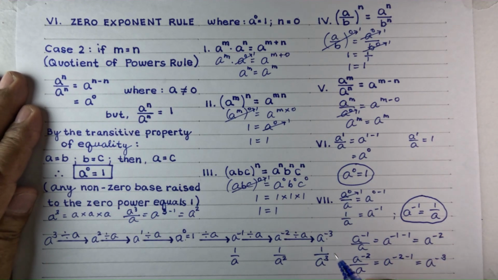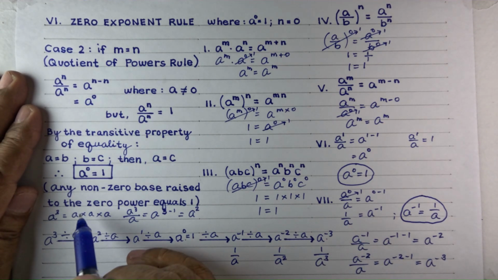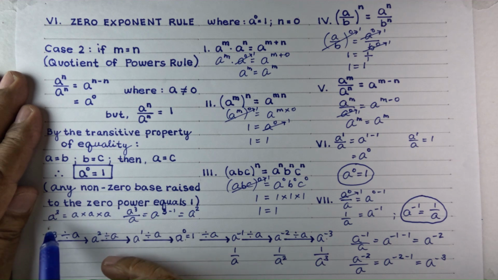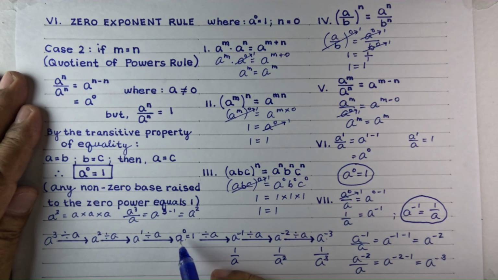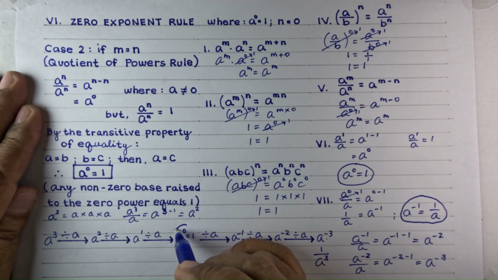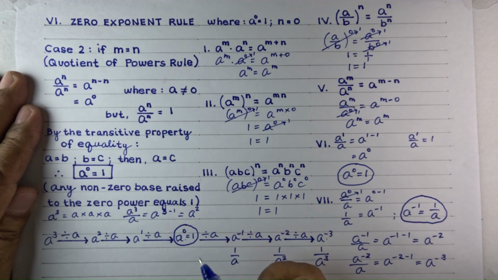So this showed that negative exponents simply represent repeated division by the base, just as positive exponents represent repeated multiplication of the base. So a to the 0 equals 1 became the bridge point that connects positive and negative exponents.